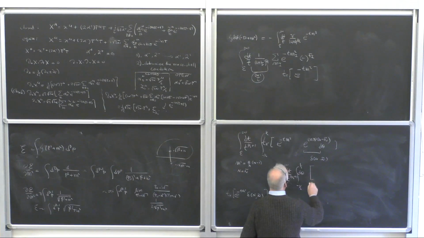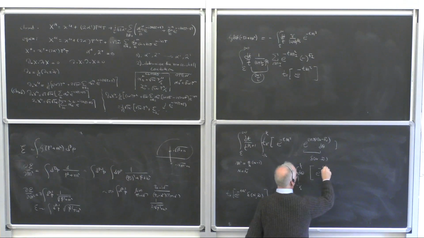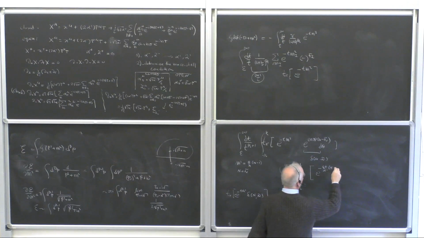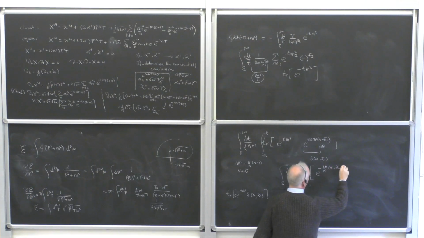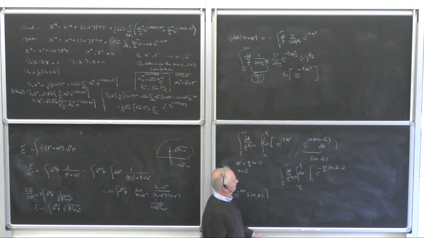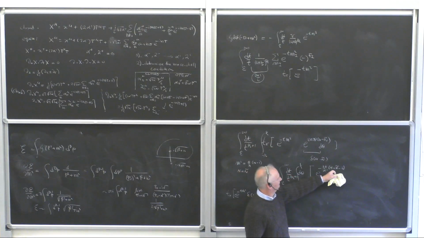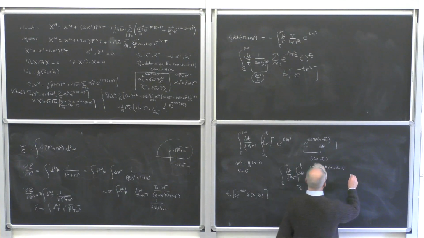First of all, we change a little bit the notation, because this guy here is e to the minus 4t over alpha prime (n minus 1), but this n minus 1, I could write as n plus n tilde minus 2. Because if there is a delta function of n and n tilde, instead of having 2n here, I can write n plus n tilde. And then I have another factor here, which is e to the 2 pi i theta (n minus n tilde).